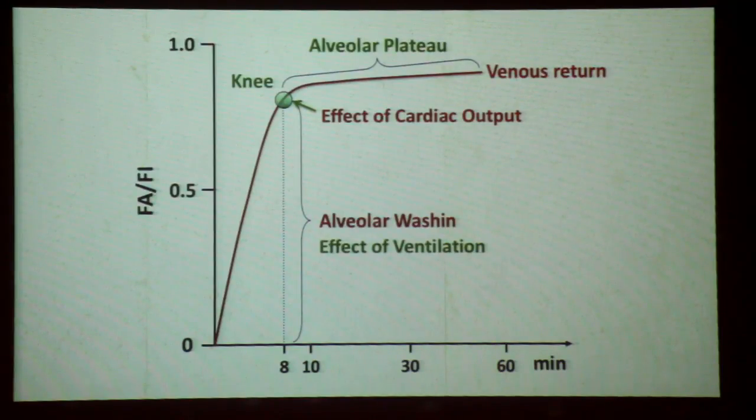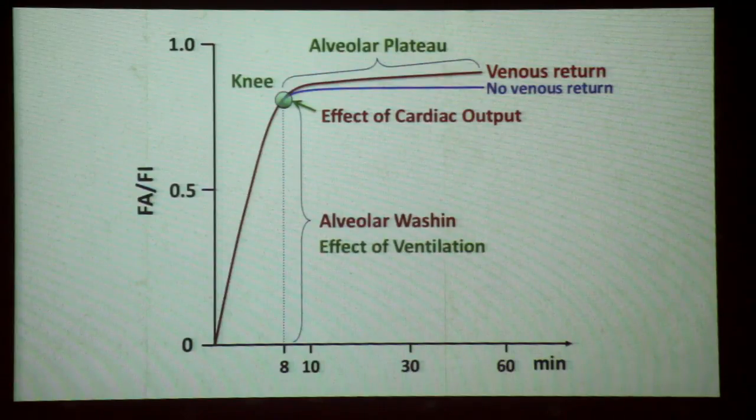It is upsloping because of venous return. If the venous return contains the agent, then this plateau will be slowly upsloping. If there was no venous return, it would be a straight slope, with a constant uptake. But the venous return decreases the uptake, and slowly it moves towards 1 because the returning blood is getting saturated by your inhalational agent, which is also being supplied to the muscle and other organs.